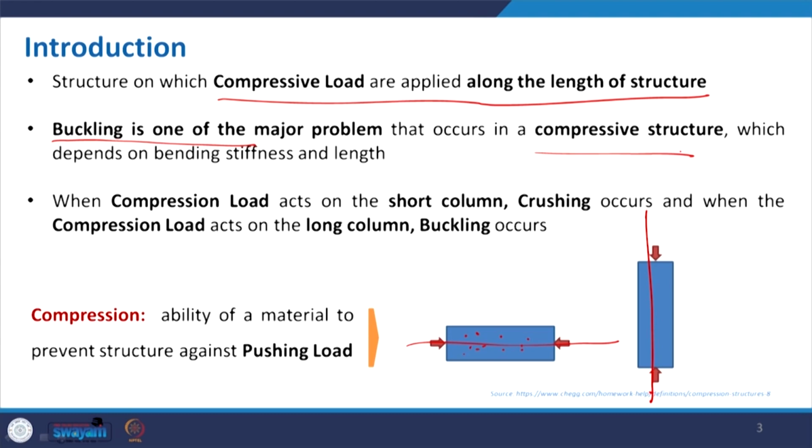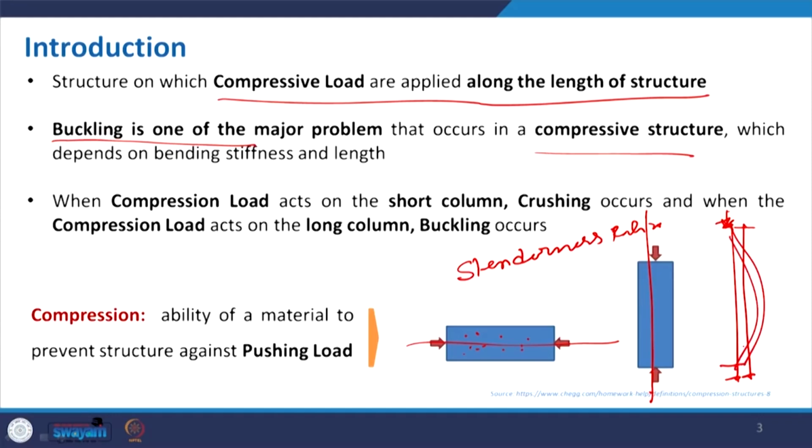Recall that when you have a long column and apply load on it, initially it will try to compress, but if it has a greater length in comparison to its cross section, which we referred to as the slenderness ratio, the ratio between the length of the structure and its cross section, then the load, along with compression, will cause bending.